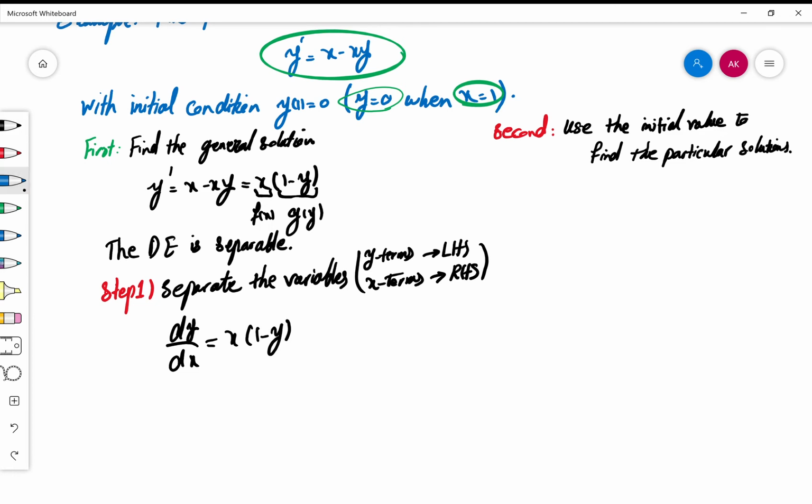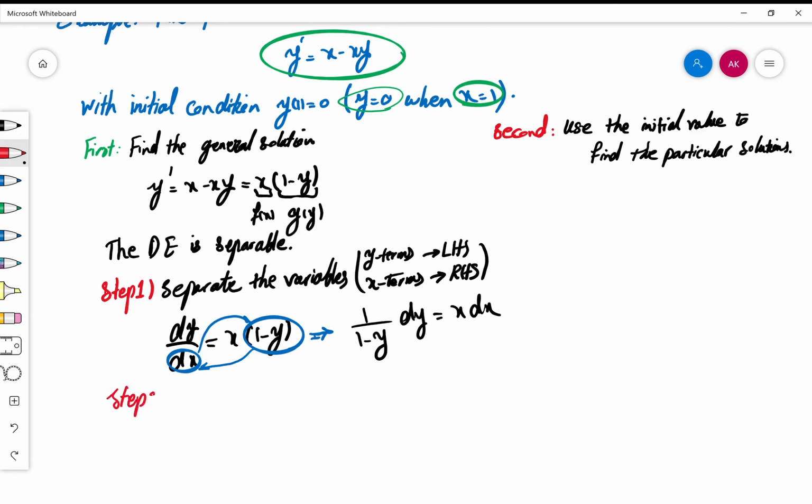Then I can divide this down there and multiply dx upstairs, and as a result we have 1 over (1 minus y) dy equal to x dx. Very nice.